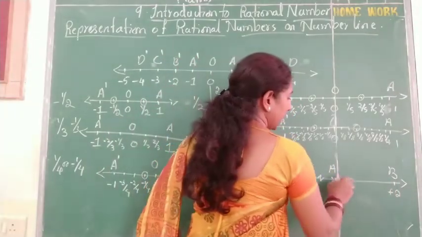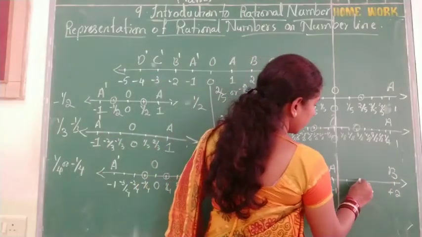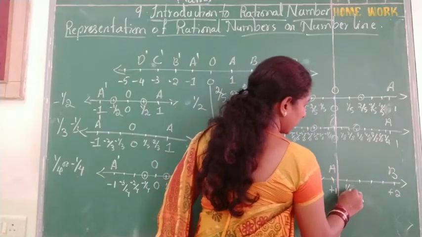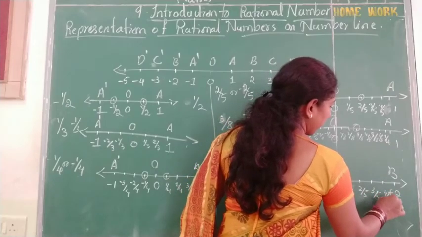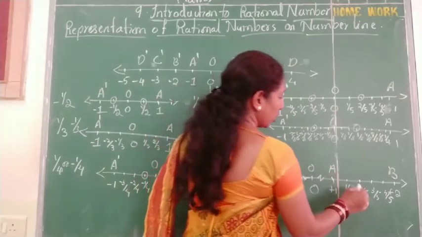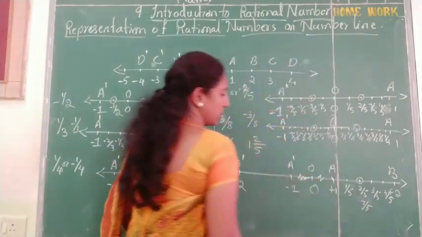So this one we can write 5 parts. So 4 points. So 1, 2, 3, 4. So this is 1 by 5, 2 by 5, 3 by 5, 4 by 5. Okay. So here what is that? 2 by 5. So this one only we can write as 7 by 5 also.